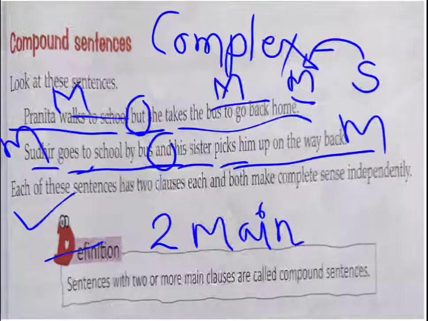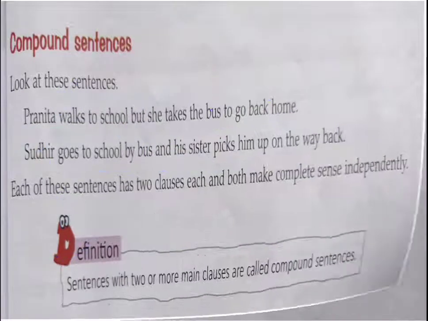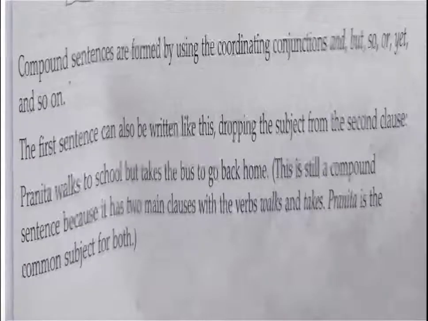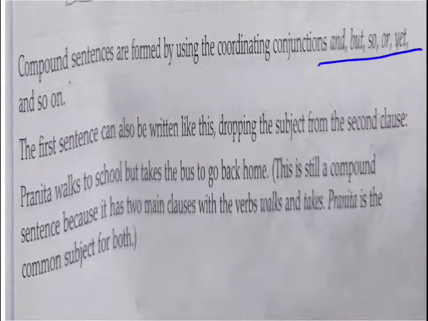Both are main clauses, and that's why conjunctions like but, so, or, yet, etc. are used. Look at here. Compound sentences are formed by using the coordinating conjunctions like and, but, so, or, yet, and so on. So here, which conjunctions do you have to use? And, but, so, or, yet, etc.